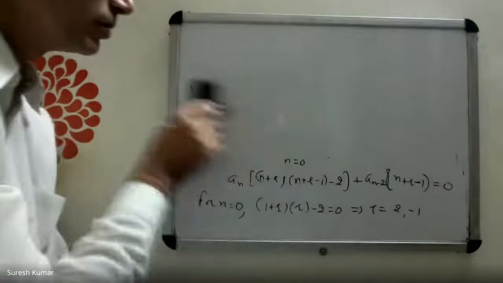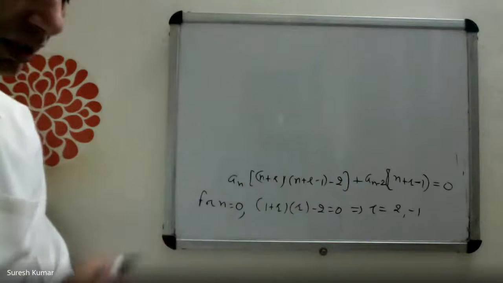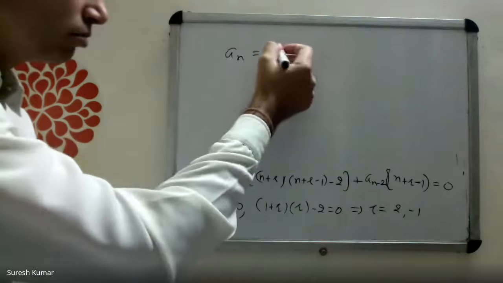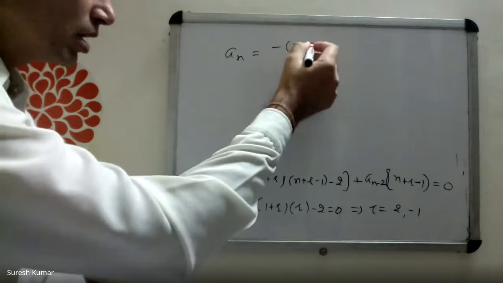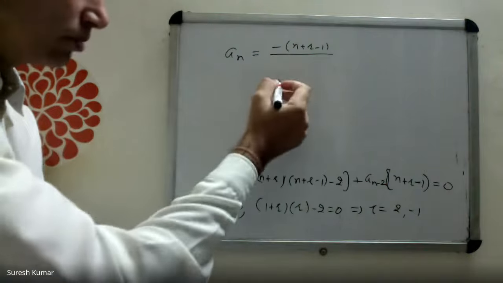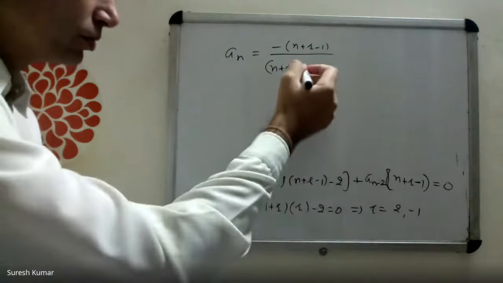Corresponding to the smaller root, let's see what happens. From this, you can write a_n in terms of a_(n-2), minus (n + r - 1) over (n + r) into (n + r).